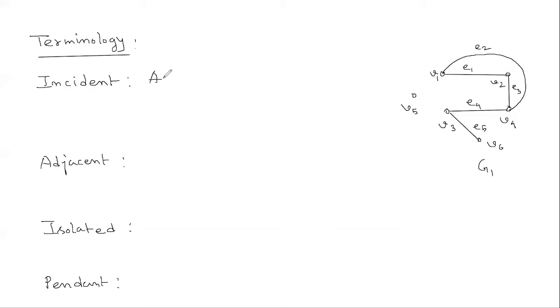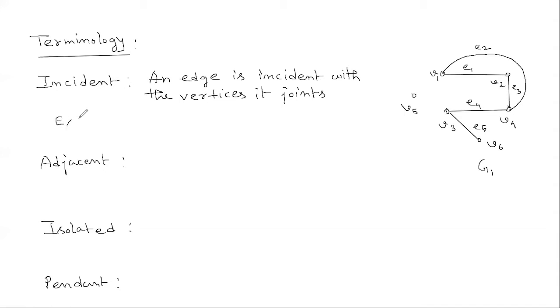So for example, for G1, we can say E1 is incident with V1 and V2. E2 is incident with V1 and V4.